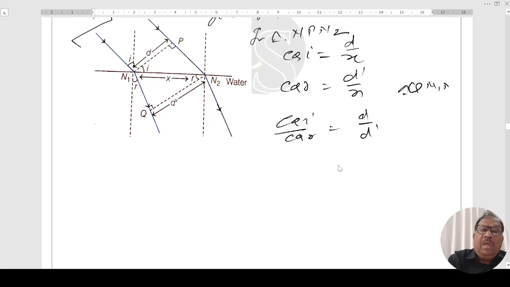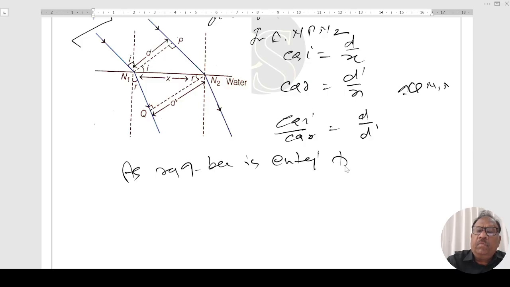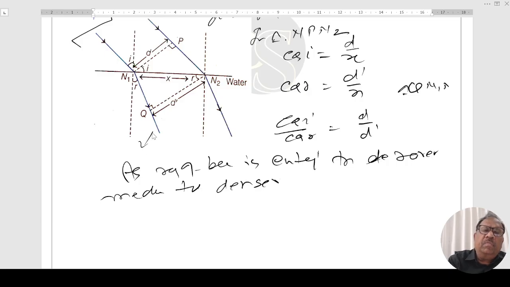Now, as the beam is entering from rarer medium to denser medium, this ray will bend towards the normal.